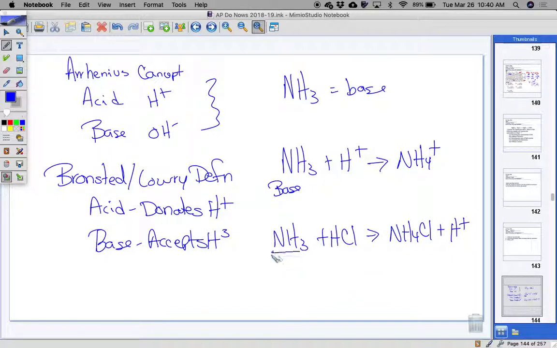Okay, so here it's functioning as a base. This is your acid. Here you can see your acid, whatever the H plus is, and then it makes something.